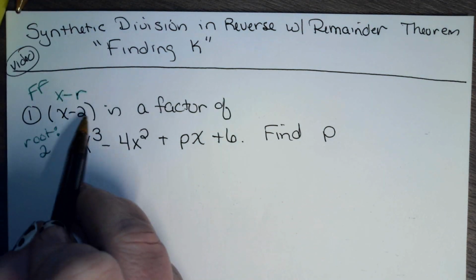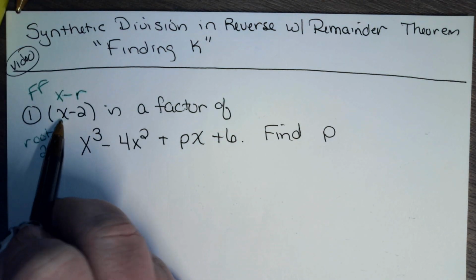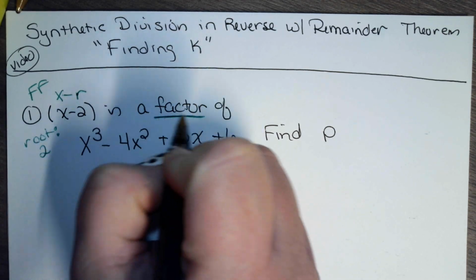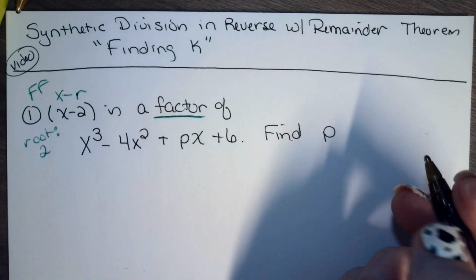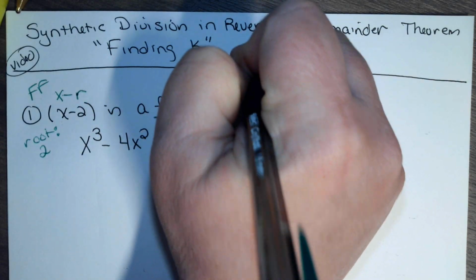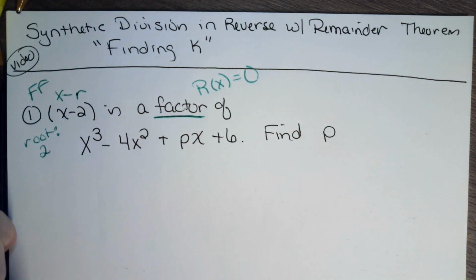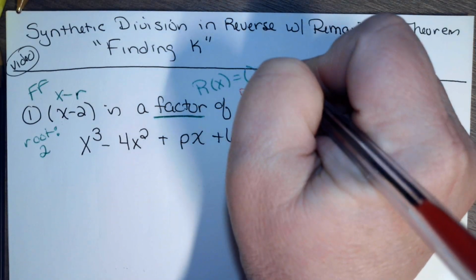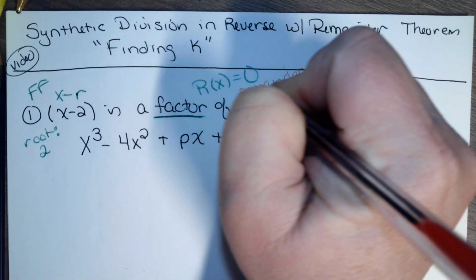When your divisor is a linear binomial, that is in factor form. If it's a factor, that means your remainder is 0. So here, r of x would be 0, or in other words, the remainder is 0.